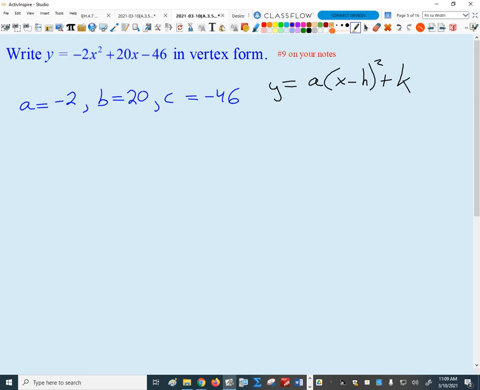Okay, now type in without looking, what's our formula for calculating h? What's our formula for calculating h?